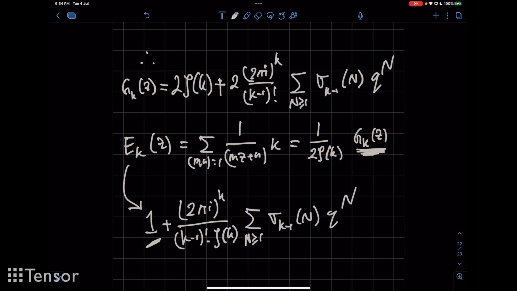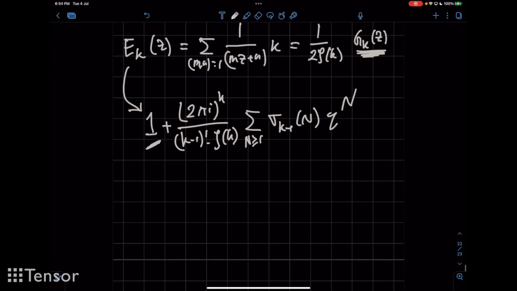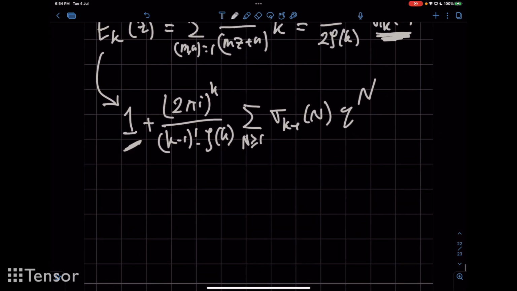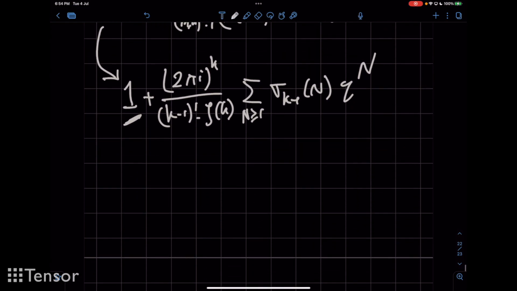I have just one more thing, about Bernoulli numbers. The Bernoulli numbers are defined like this: take the function x over e to the x minus 1, and take the power series of this function around 0. The power series has the form of something times x to the k.